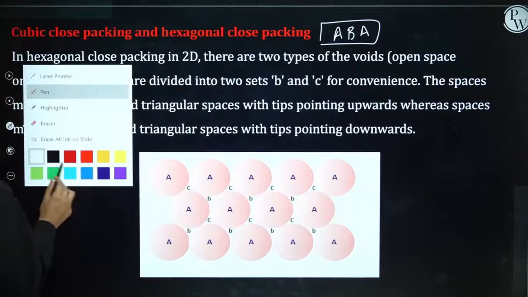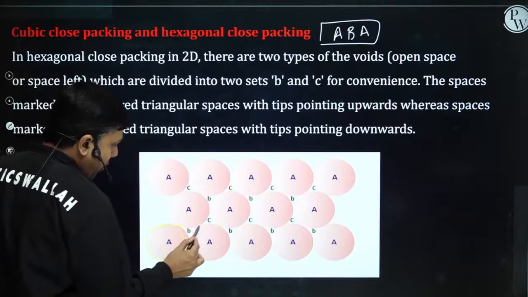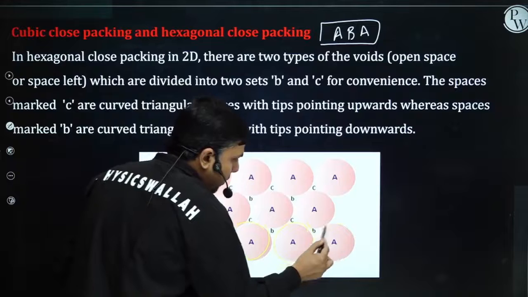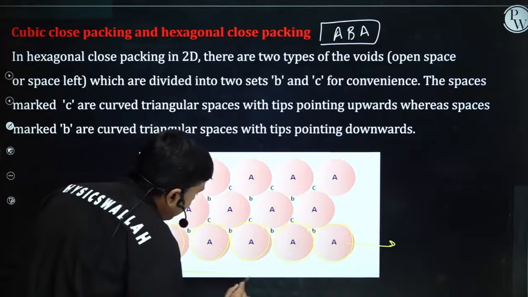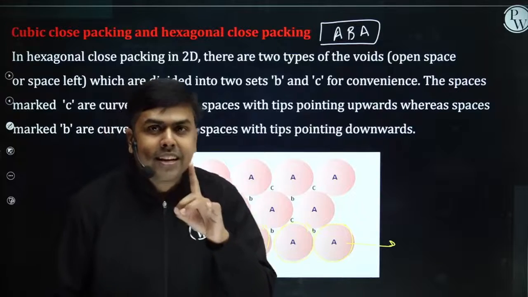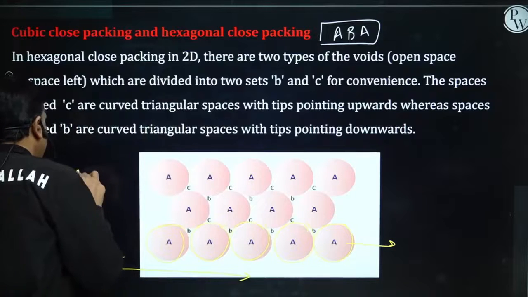Student, here also the first layer is simply placed along x-axis, right? One dimensional arrangement. Along a line, the first layer atoms are arranged. Now, the arrangement of second layer is done along y-axis.